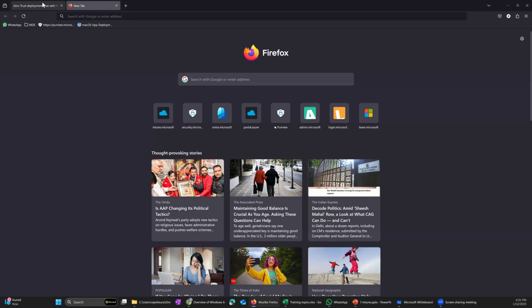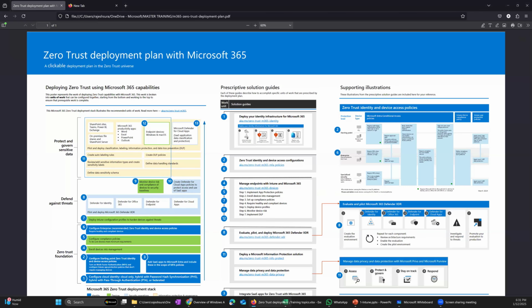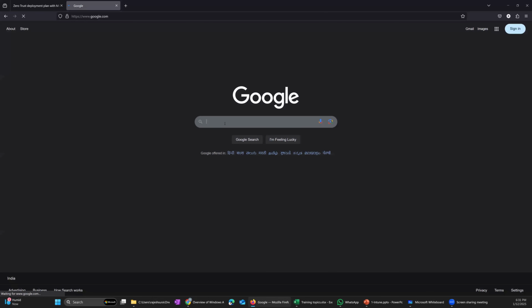Okay. So as I was saying, if you look at why Defender for Endpoint is so important.